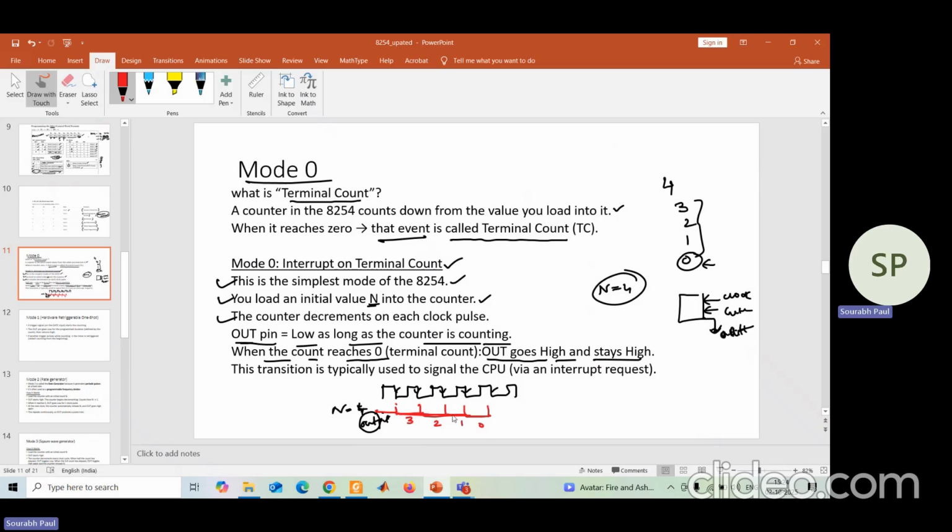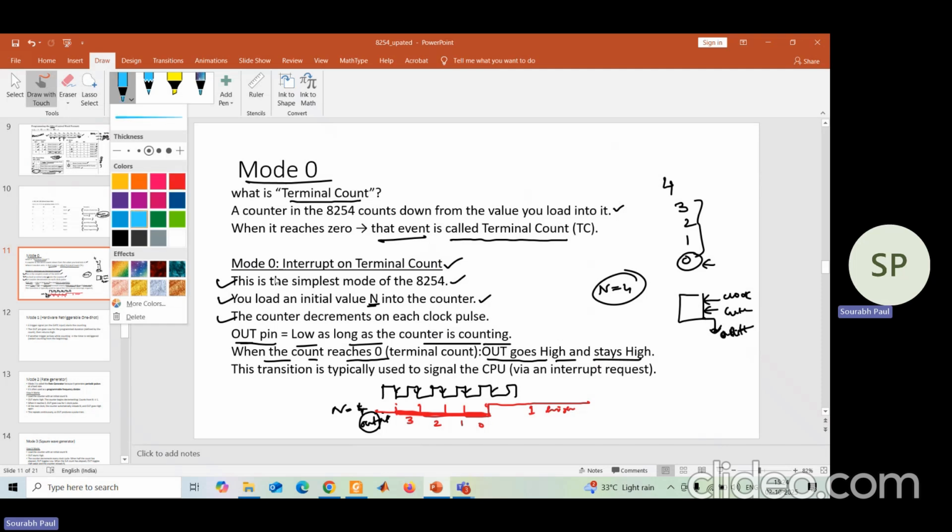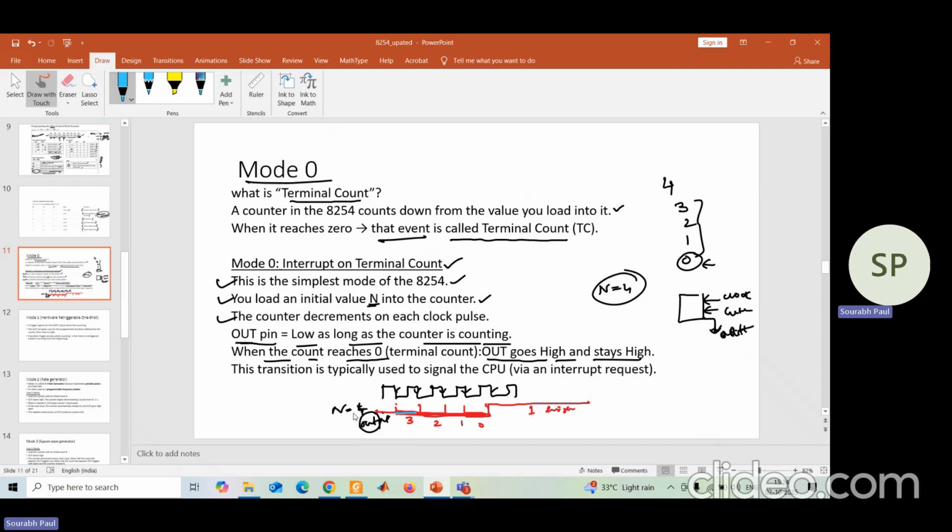In this interval, the value of the out will be low. Now, when it has reached 0, immediately after that its value will become high and it will remain high until a new value is loaded. So this is some sort of step signal that you are going to get from the output terminal.